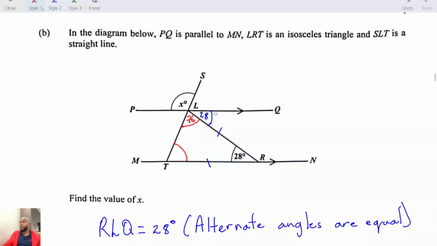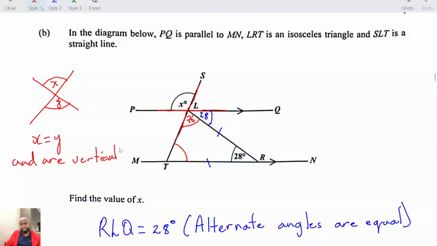Now, you could do either here. If you focus on this line and this line, you would see an X being formed. We have something called vertically opposite angles. If here is X and here's Y, X is equal to Y and they are vertically opposite.